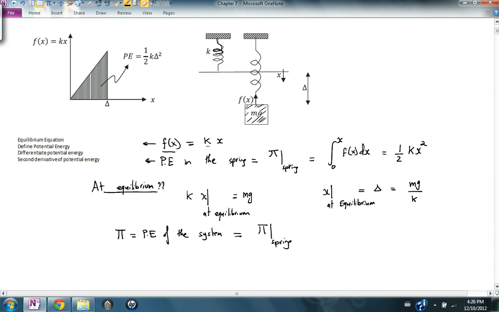First, the energy stored in the spring, minus the work done by the external forces, or you can call it the potential energy lost by external forces during movement.